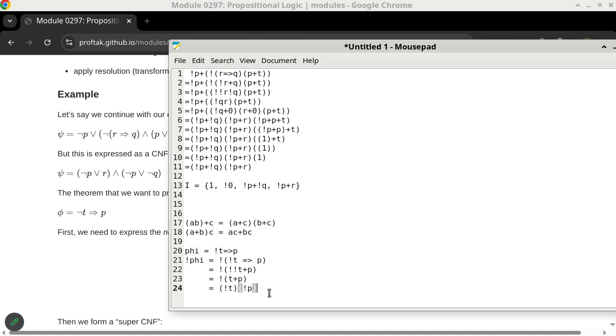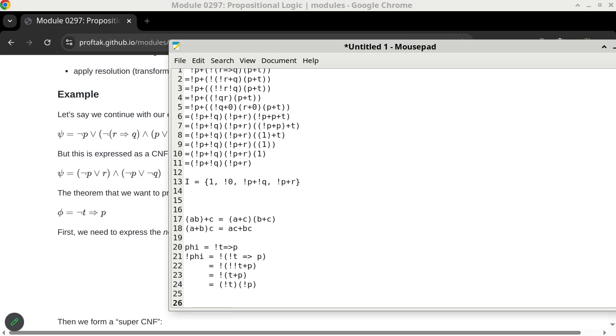Do we have any questions about how I turn not phi into its own CNF? Okay. So what we want to know now, let me just type this in and then we'll work on the mechanism next. What we want to know is whether psi and not phi is false or not.